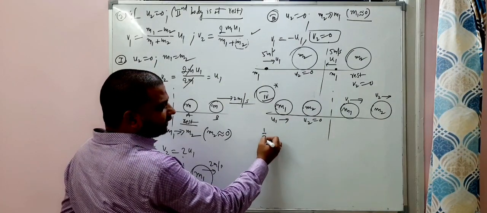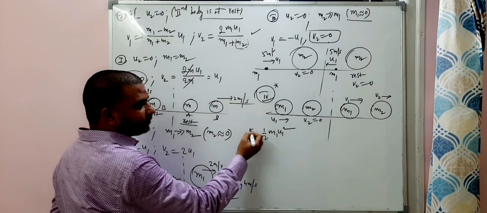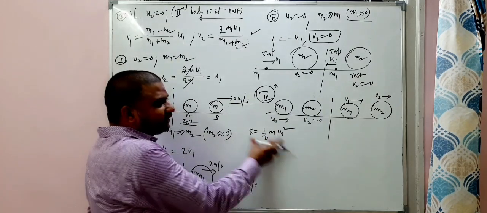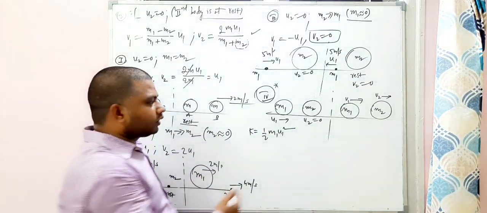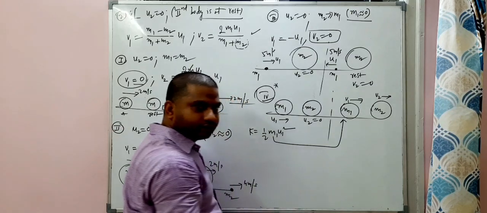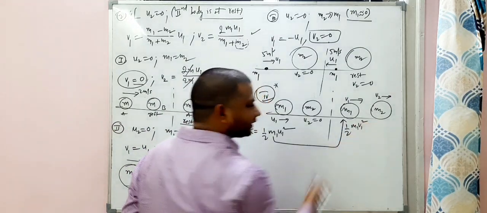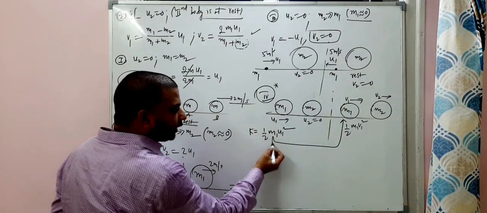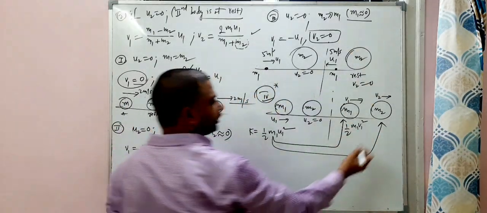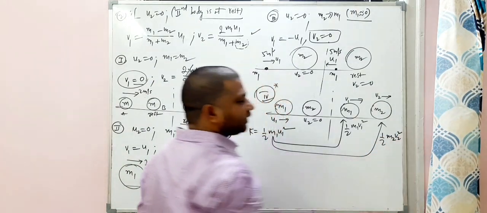Initially, there is a kinetic energy for the first body, half M1 U1 square. Imagine that's the kinetic energy. Some part of this kinetic energy is retained by this body, half M1 V1 square. And from this value, some part is transferred to the second body, that's half M2 V2 square, my dear students.